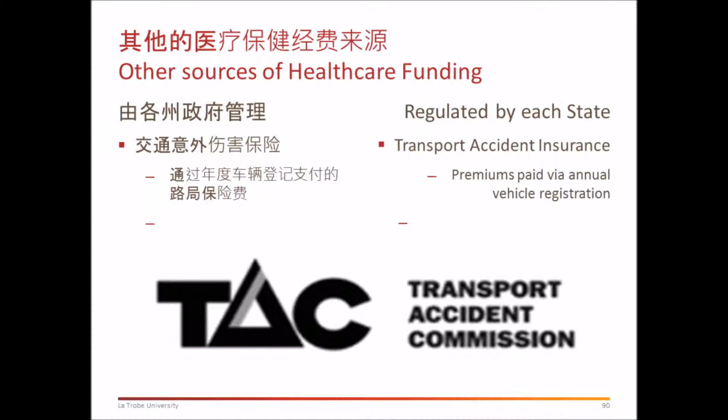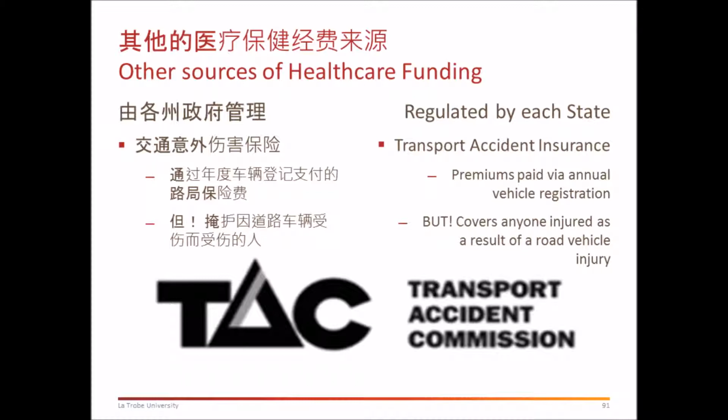In Victoria, premiums are paid via the annual vehicle registration, so car owners actually fund this system rather than licensed people. So if you have a driver's license but don't own a car, you're not contributing to this fund. But it covers anyone that's injured on the road as a result of a road vehicle injury. The downside of this is if you're knocked over by a bicycle on a footpath, you're not covered. There's some anomalies in this.